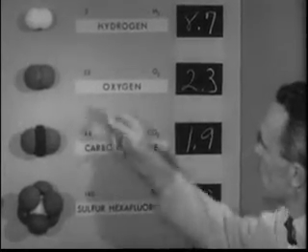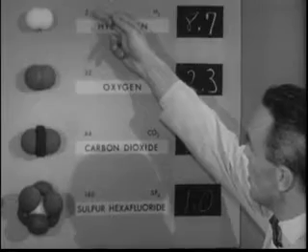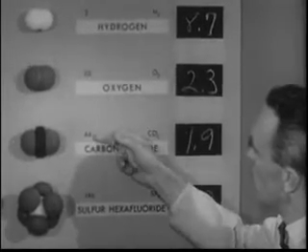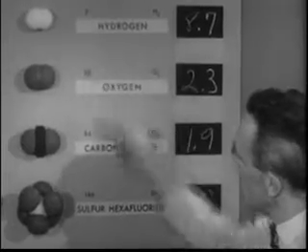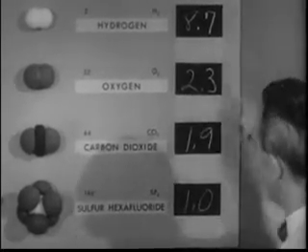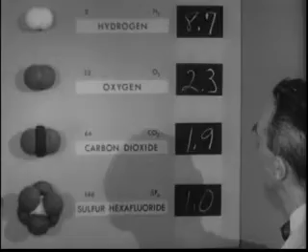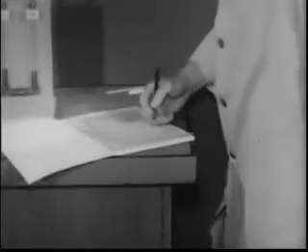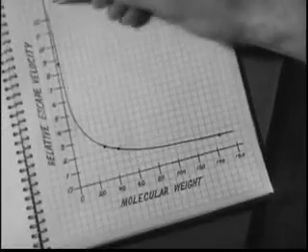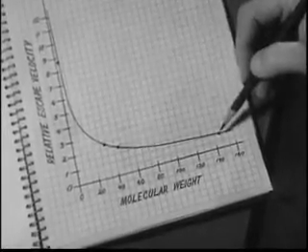What about molecular weights? The molecular weights are 2, 32, 44, and 146. As the molecular weights increase, the molecular velocities decrease. Do we have a regularity here? We have plotted molecular weight versus velocity in this book and have obtained a smooth curve on which the points lie.